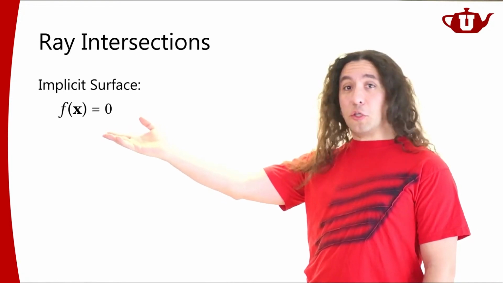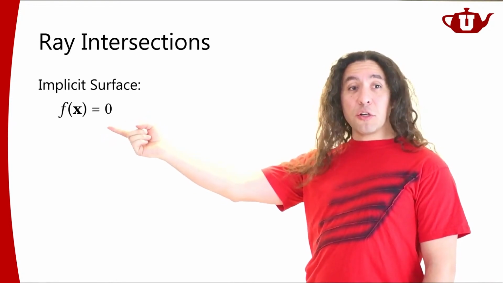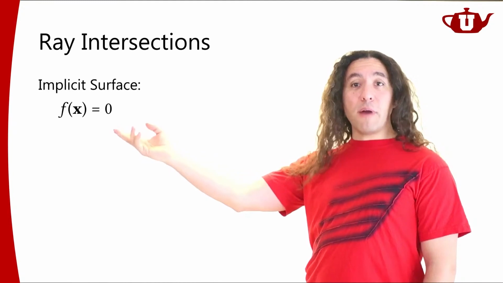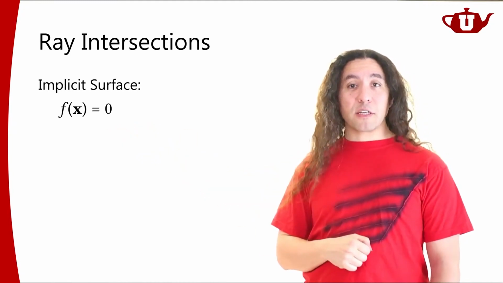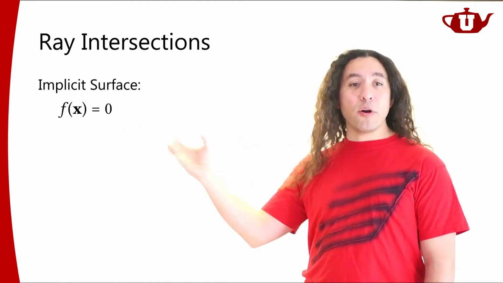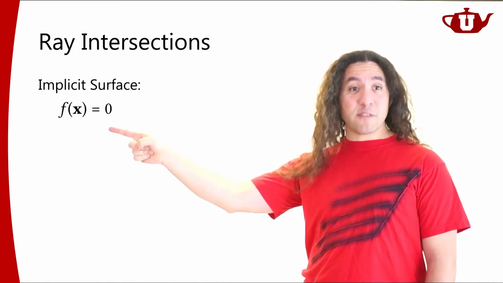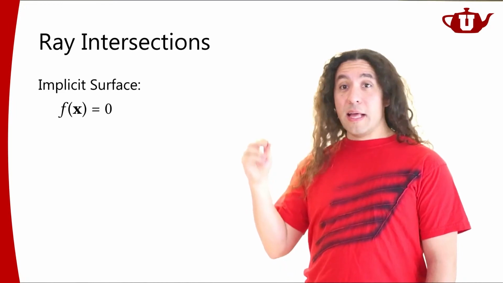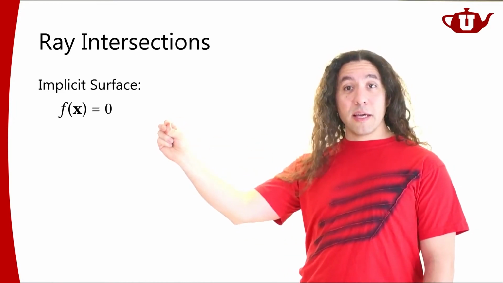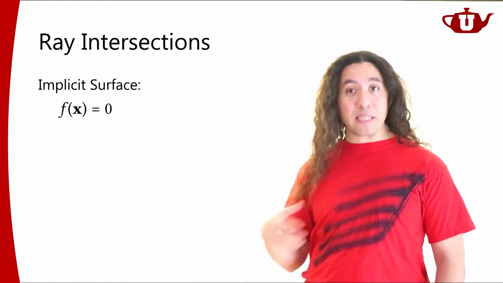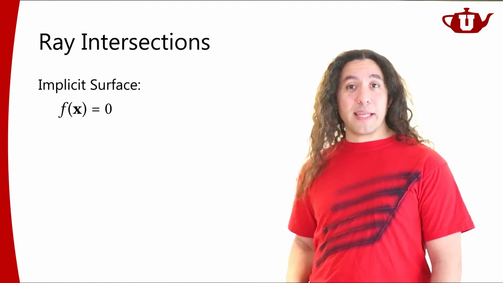All I have to do is make sure that a point on the ray can be represented using this function. If there exists a point on the ray that satisfies the definition of an implicit surface, then that point on the ray is also a point on the surface. That means my ray intersects with that implicit surface.